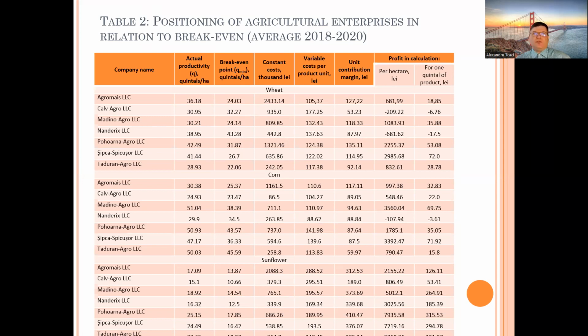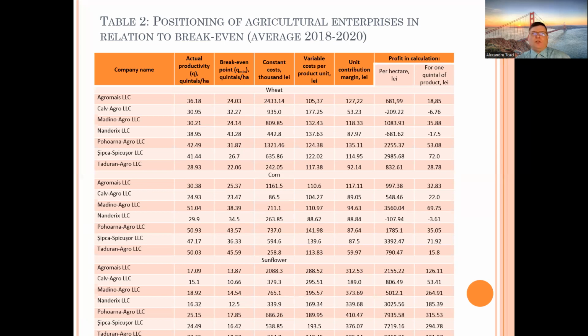This law is also observed for corn and sunflower. The results of the calculations show that if actual productivity is below the break-even point, this means that the entity cannot recover its costs and consequently suffers losses.